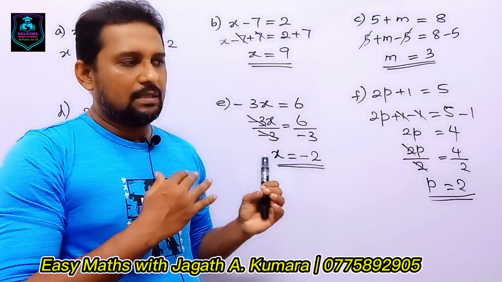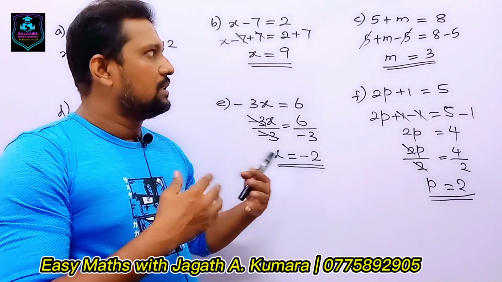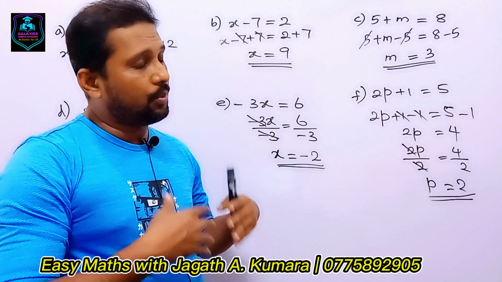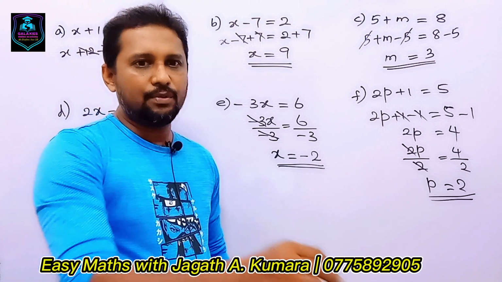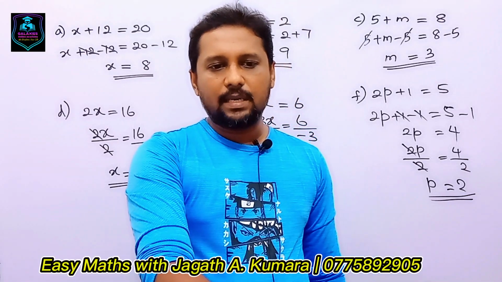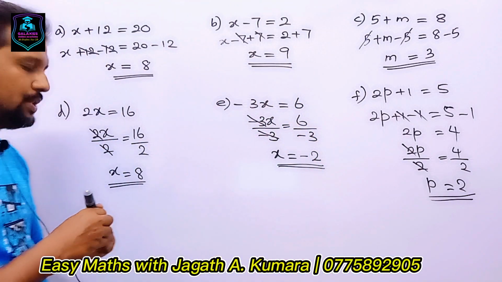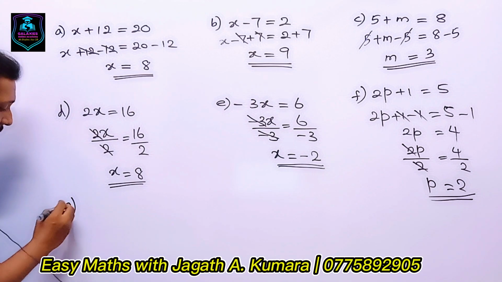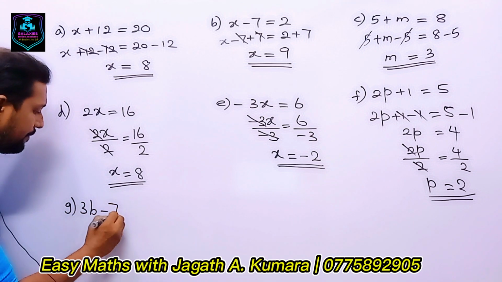These questions about solving equations are given again as a review exercise, to revise. Right, then let's go to the next one. The next one given is part g: 3b minus 7 equals 2.